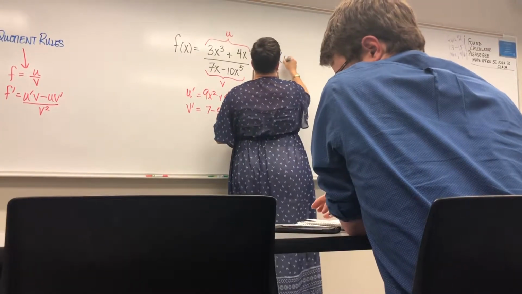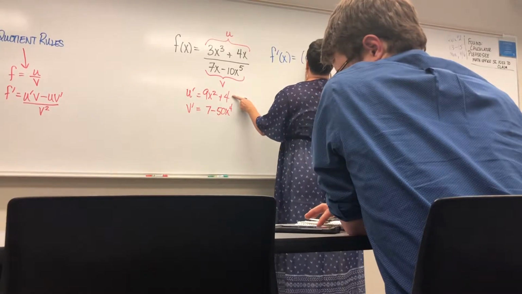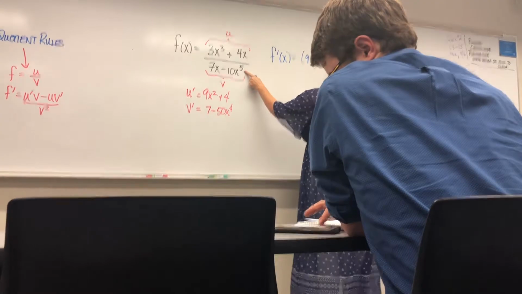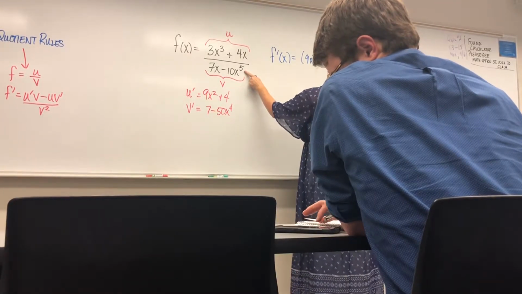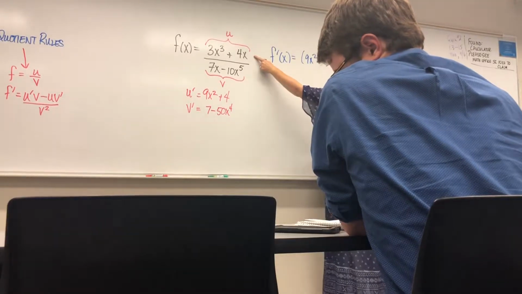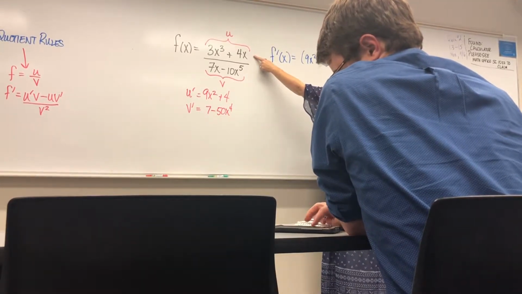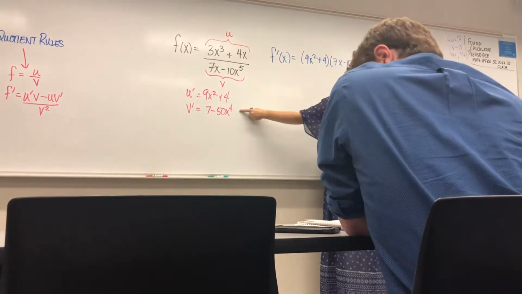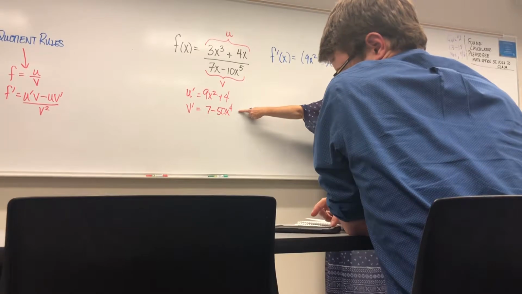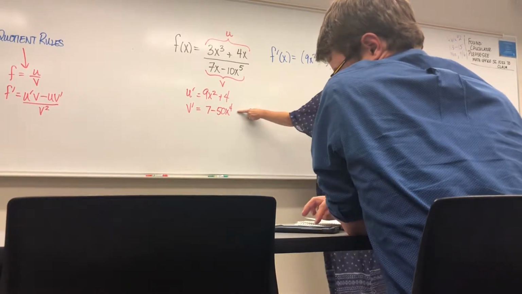The derivative is U prime times V minus U times V prime over V squared.